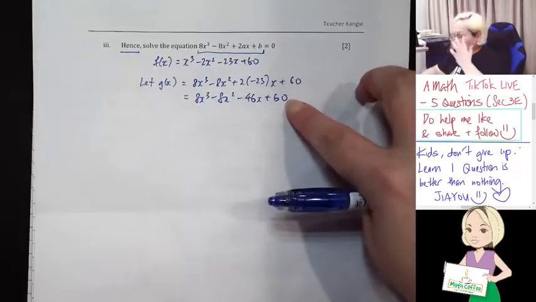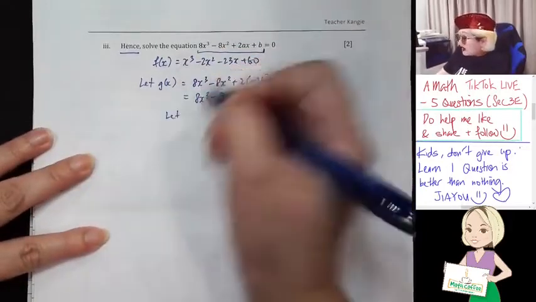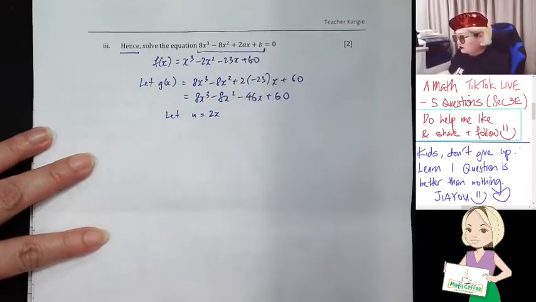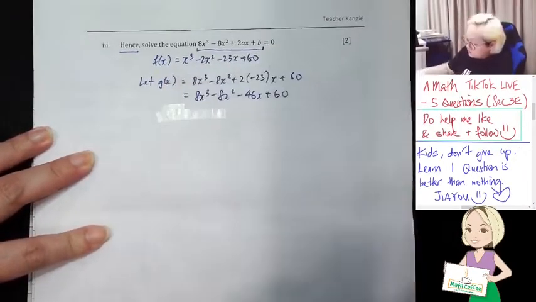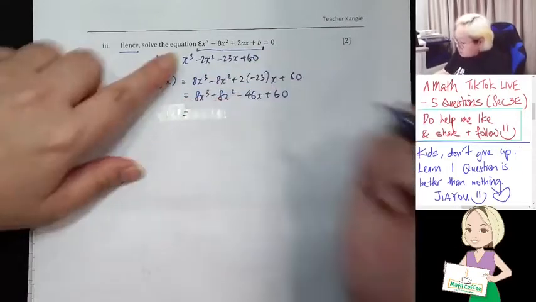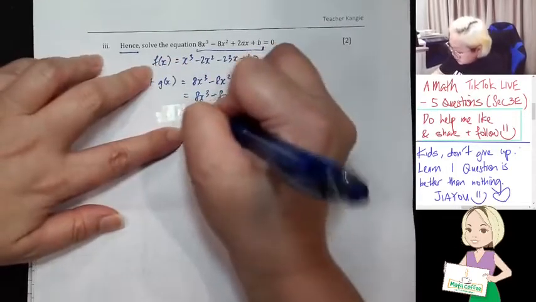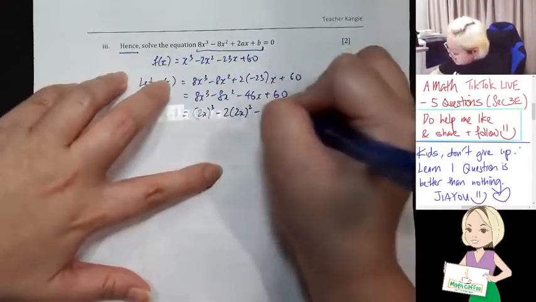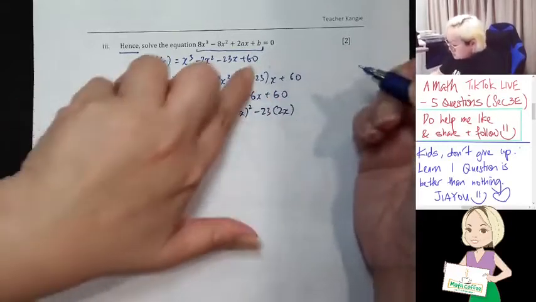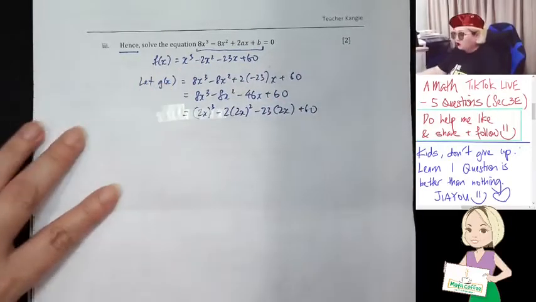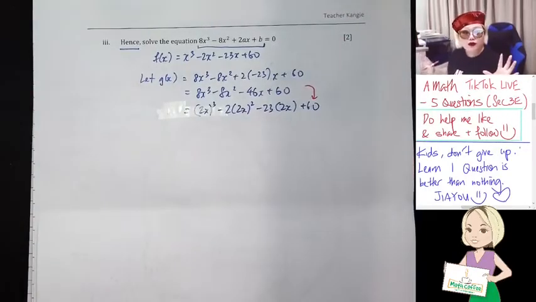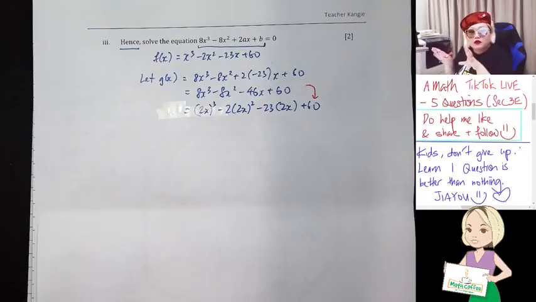I'm going to let u equals to 2x. Or rather, don't let u equals to 2x first. I'm going to write it as, compared to this one, you see, (2x) cubed minus 2(2x) squared minus 23(2x) plus 60. You see, from here to here, I never change the value. I'm just breaking out the 8x cubed to become (2x) cubed.